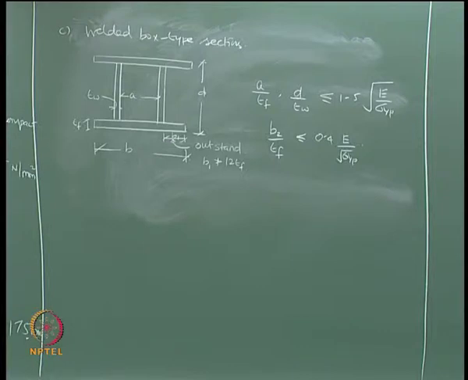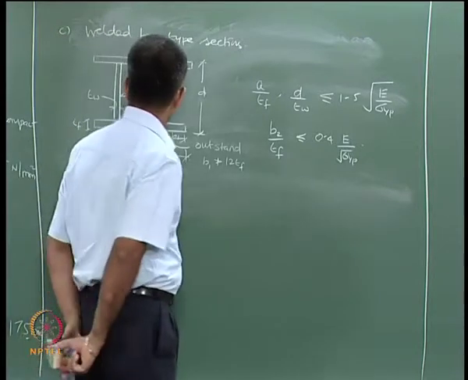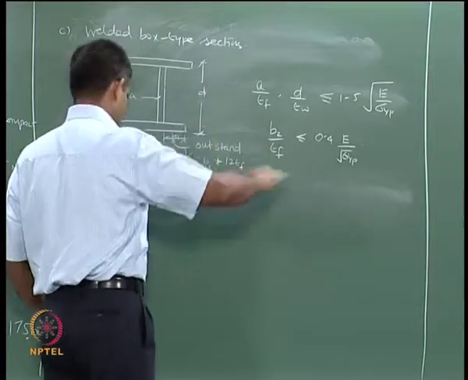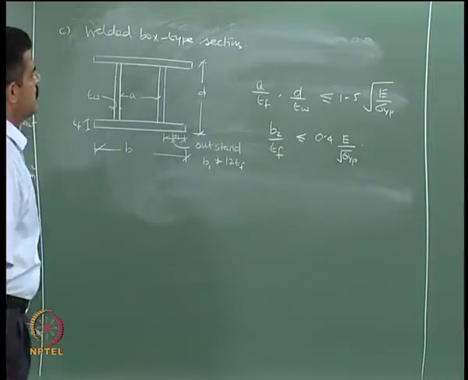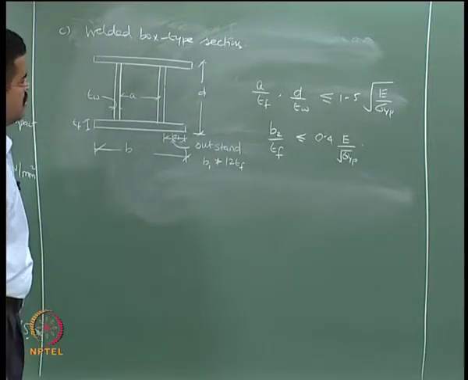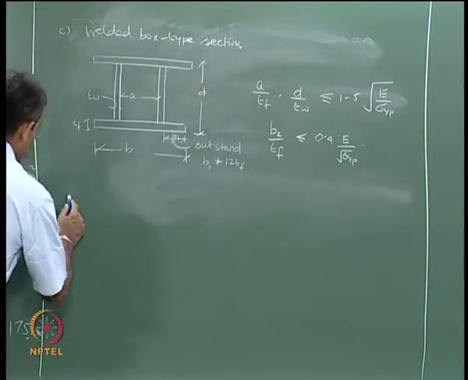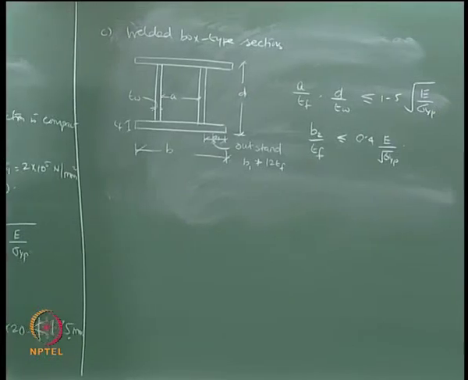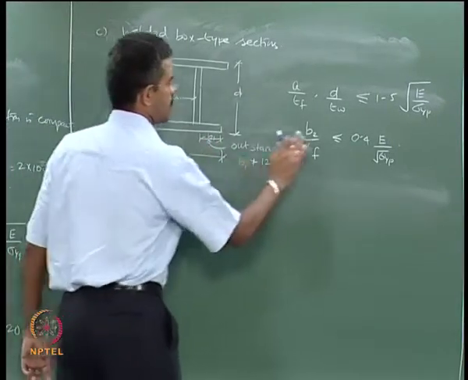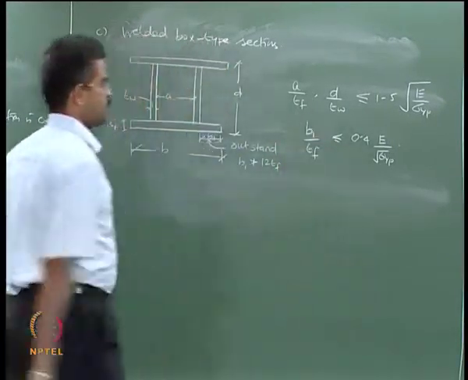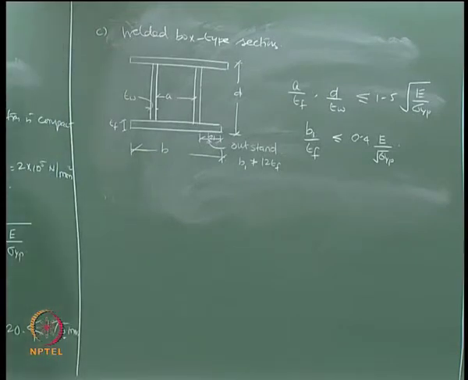Okay. So, the section is considered to be compact when this is satisfied. You can also verify this from the codes, whether this is the whole root of E by sigma yp or only of sigma yp. B2 is this. Okay, I will write B1. Outstand. Outstand is B1.